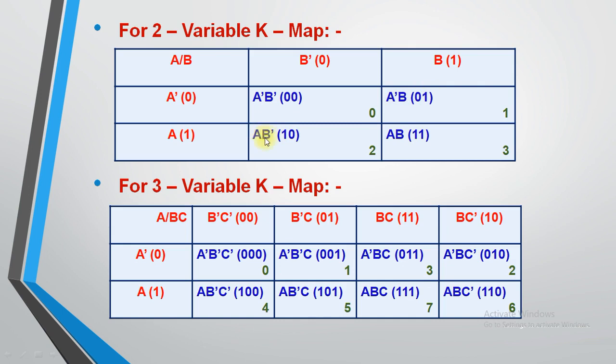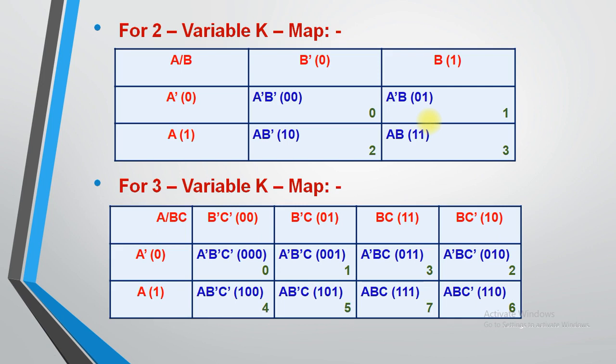In this combination, the value of the first variable is 1, so it is A only, and the value of the second variable is 0, so it is B dash. And the last combination is AB because the value is 1 1. So I hope the two variable K-map drawing is properly clear.